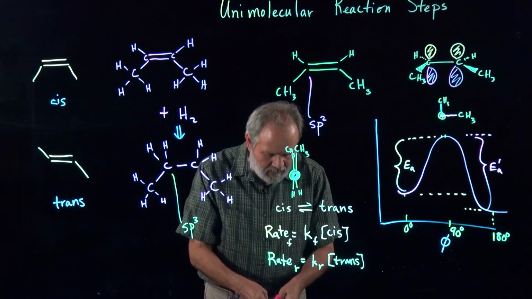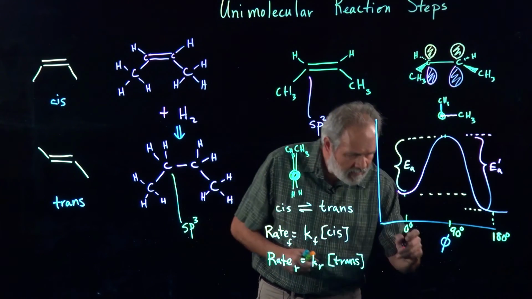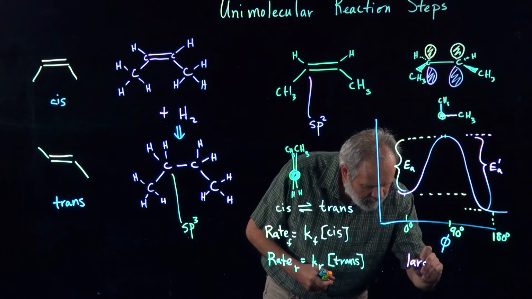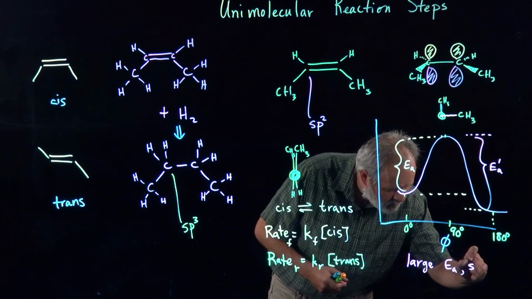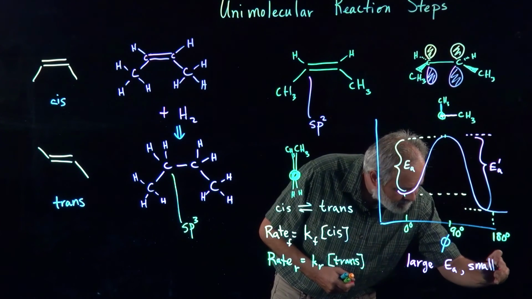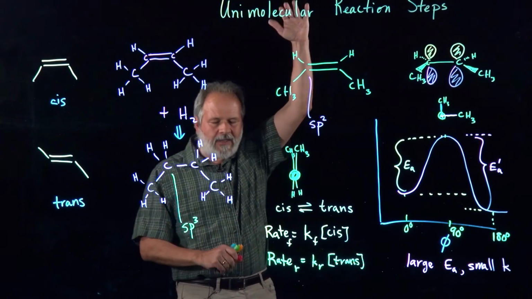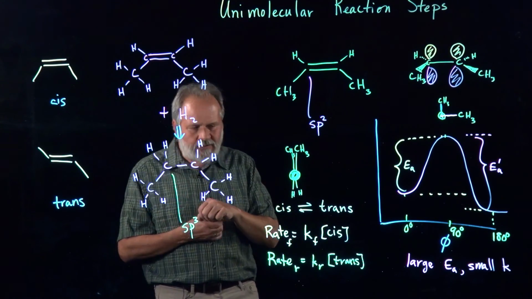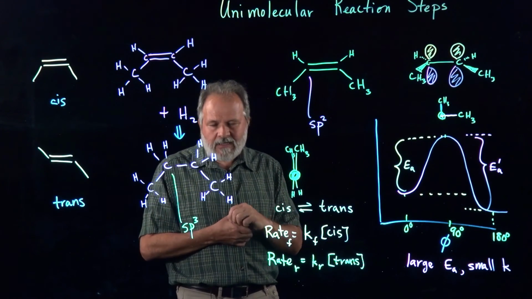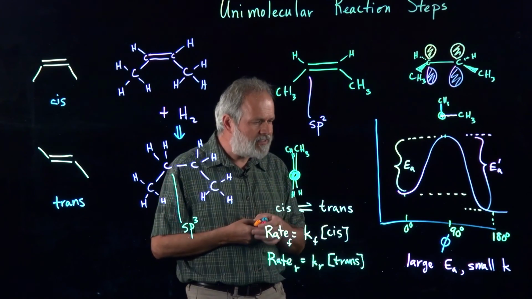Okay, so for a large activation energy, you get a small rate constant. The higher the hill, the more energy is required to twist the molecule, and the less frequent that a collision is going to impart that energy required to get over the activation energy.